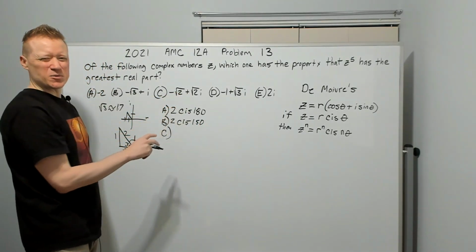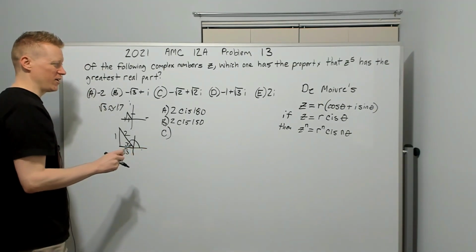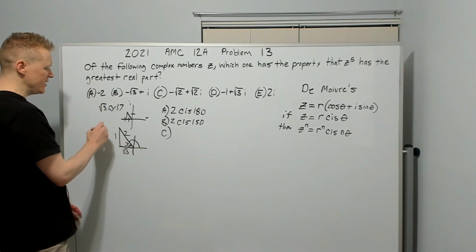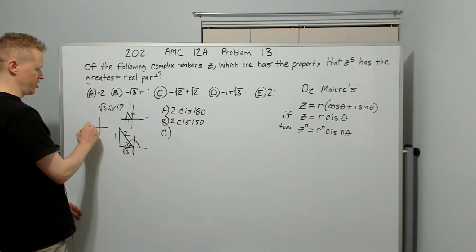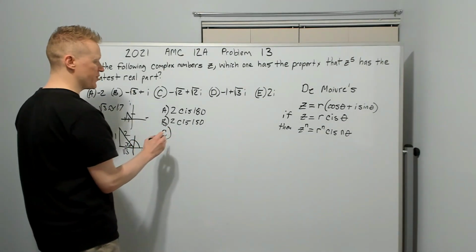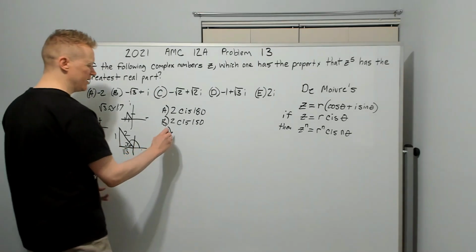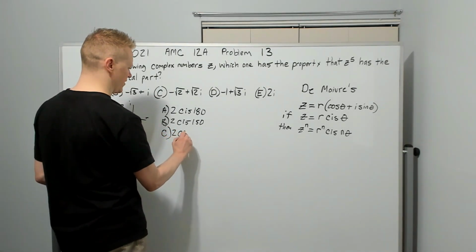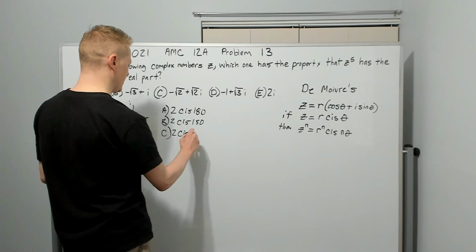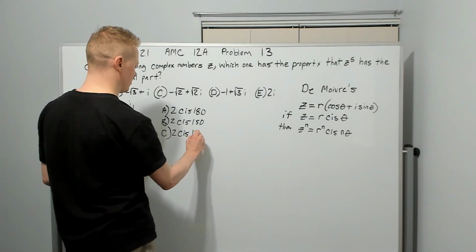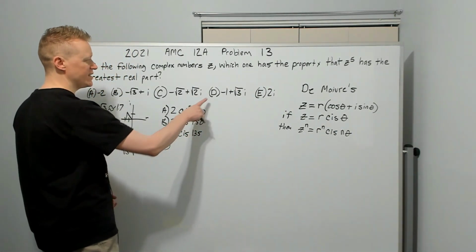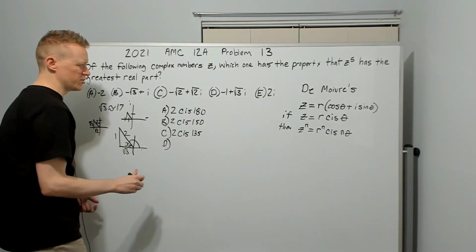You should recognize with the √2's that it's going to be a 45-degree angle. It will be in the second quadrant because you're going over √2, up √2 here. That'll be 135 degrees, and because they're both √2, you multiply by √2 to get 2. It looks like all of these have the same radius. So 2 cis 135.